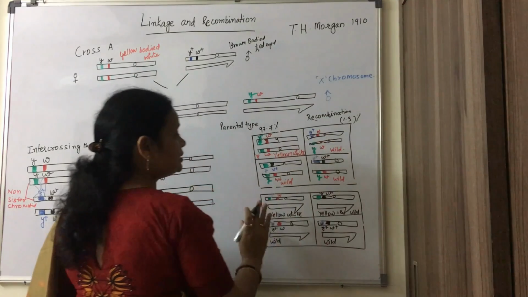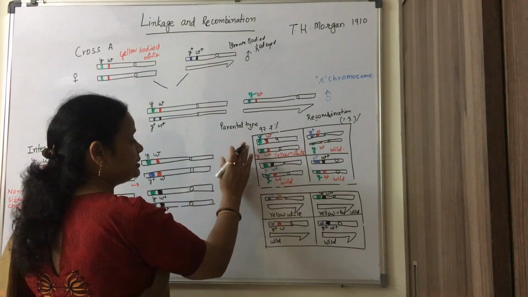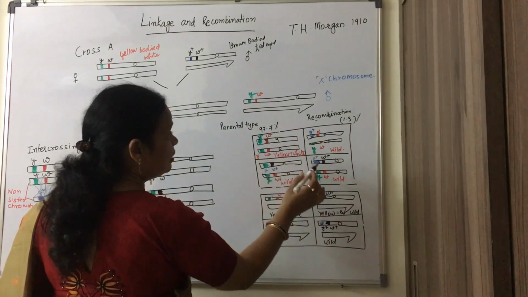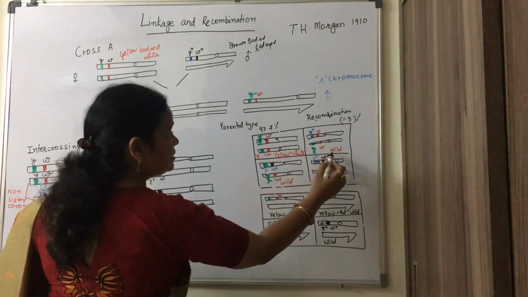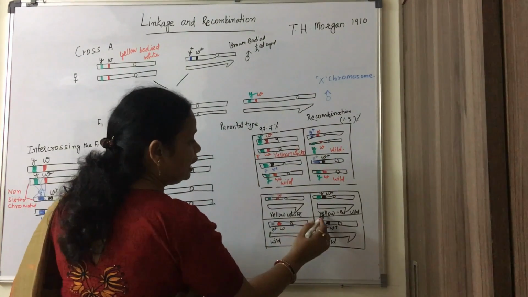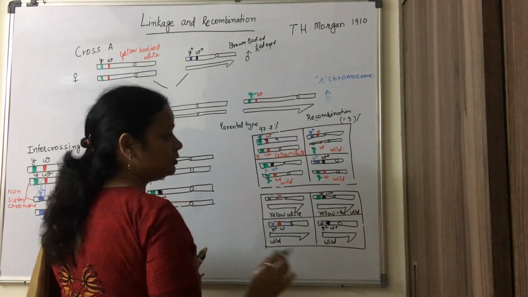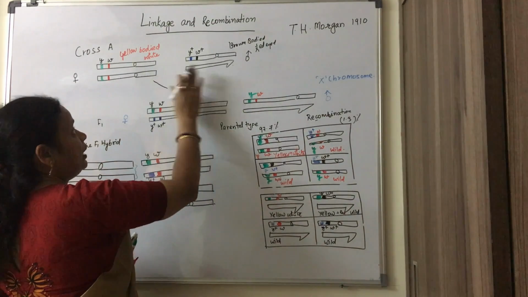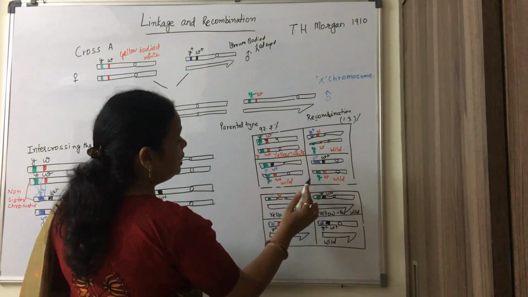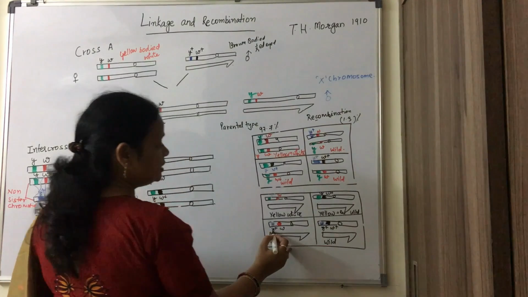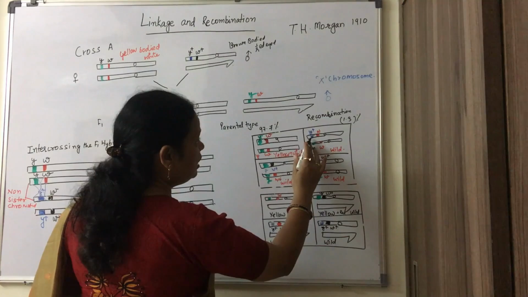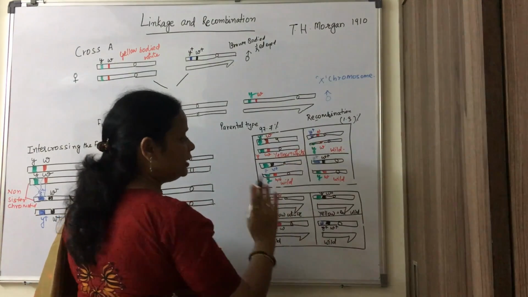But some new characters are there, like yellow and red. None of the parents is having yellow and red. Similarly, none of the parents is having this combination, that is blue, Y plus and W. So these are called recombinant.